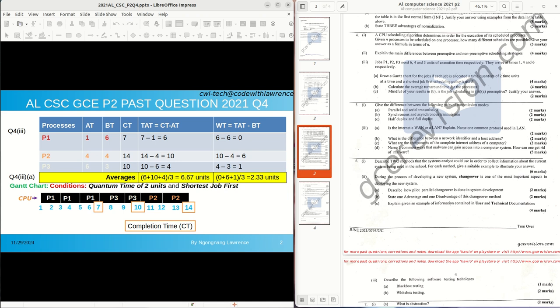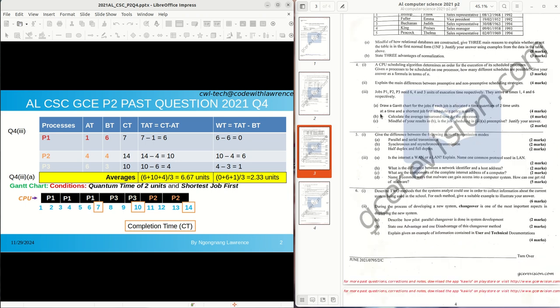Now we are asked to calculate the average turnaround time for the processes. To calculate the average turnaround time, we must calculate the turnaround time for each process. Looking at it carefully, the turnaround time is equal to the completion time minus the arrival time.